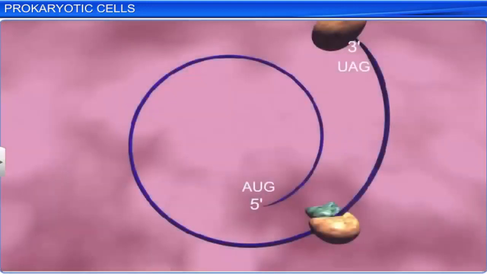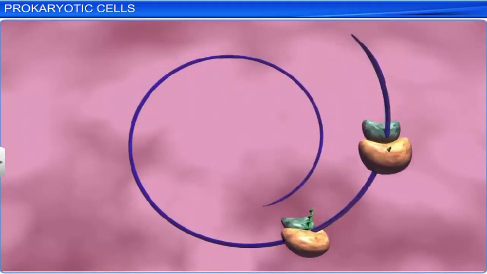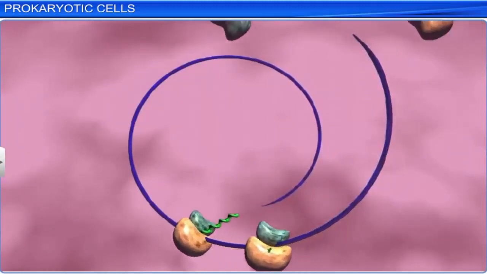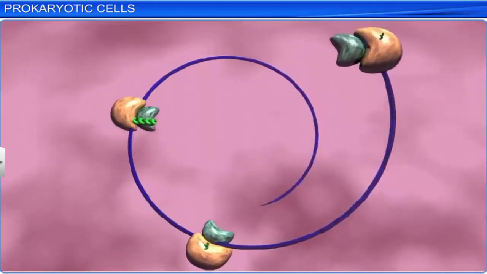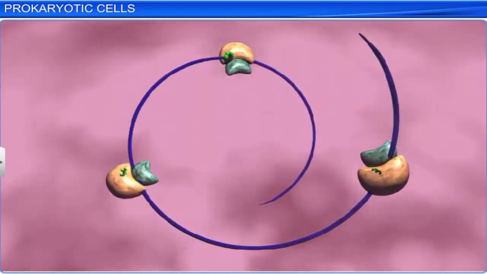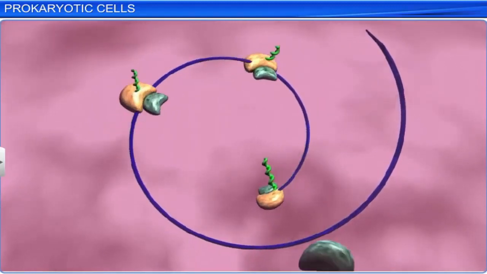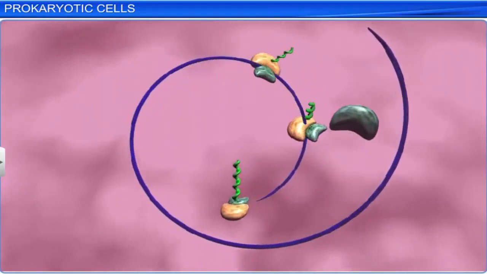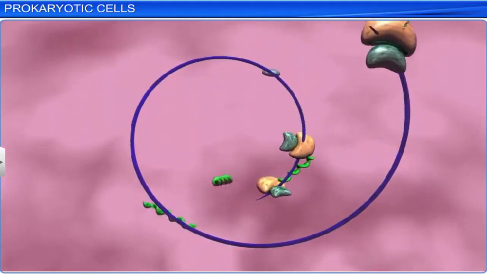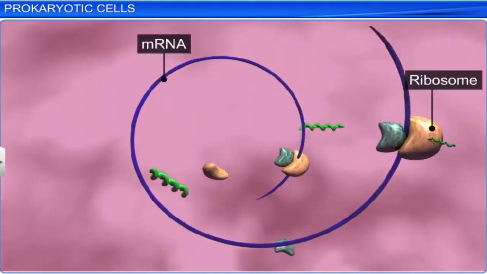These ribosomes, attached to a single messenger RNA, a type of RNA that aids in protein synthesis, form a chain called a polyribosome or polysome, and ultimately translate messenger RNA into proteins.